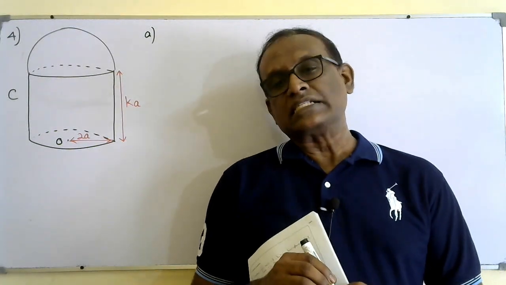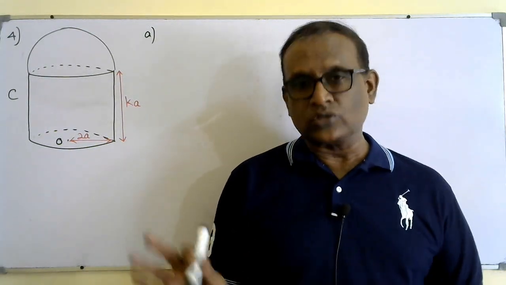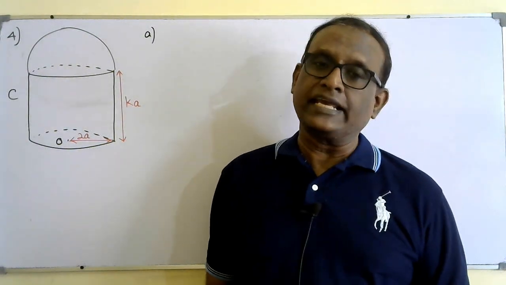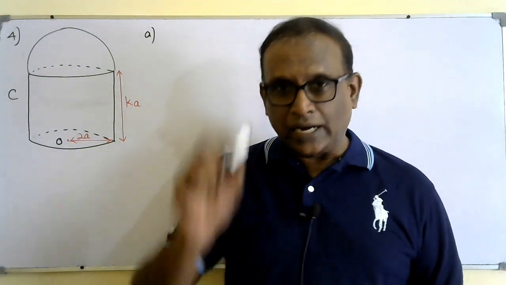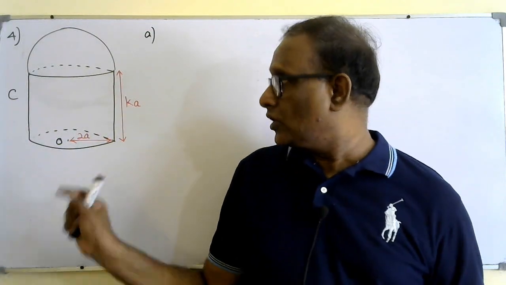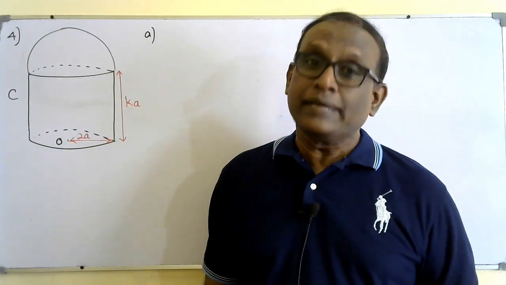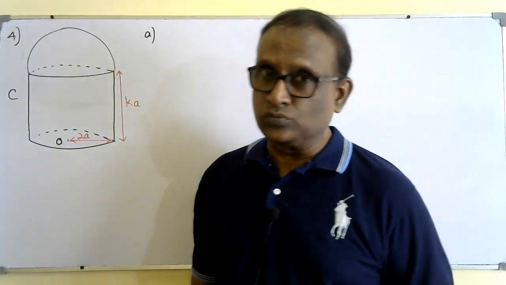Anyway, the principle here is sigma m_i x_i over sigma m_i. So there we need to identify. I told you that we can do it for tiny particles or even objects. So I can say this container C is made of 3 different objects. What are they?